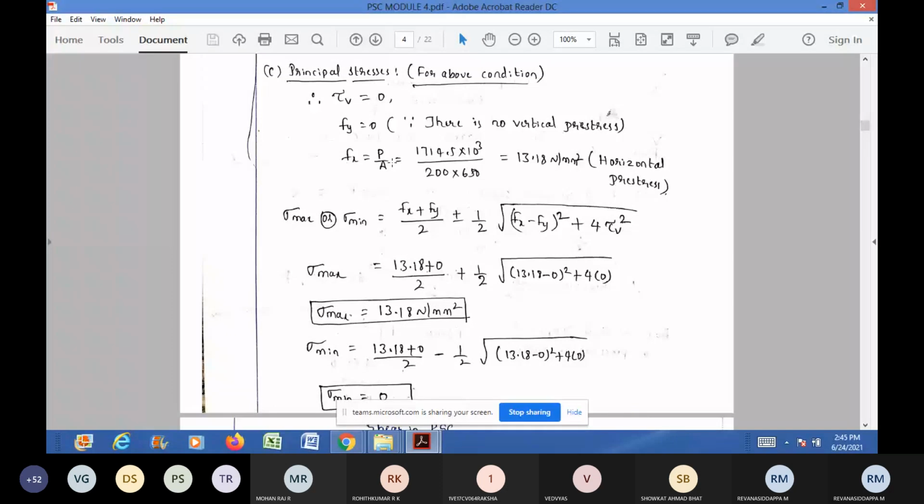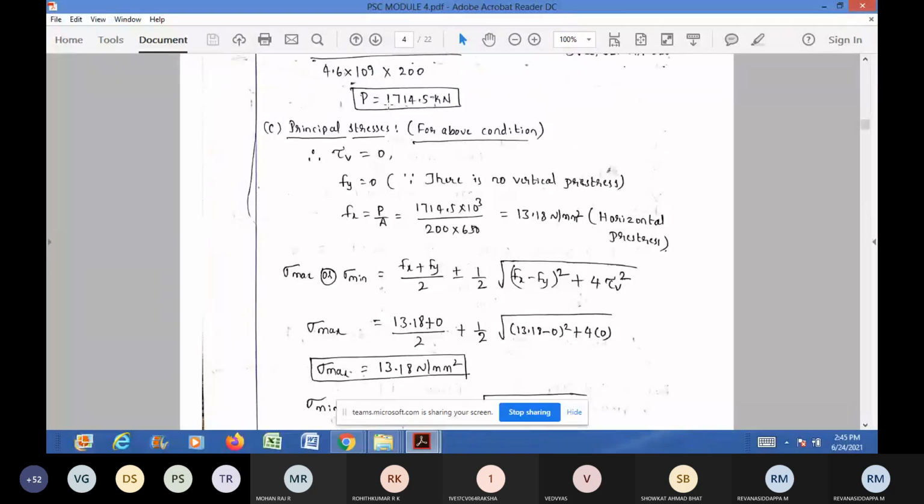P we have just now calculated, divided by cross-sectional area 200 into 650. Substitute and you will get the Fx value. How much are you getting for Fx? 13.4 Newton per mm square.